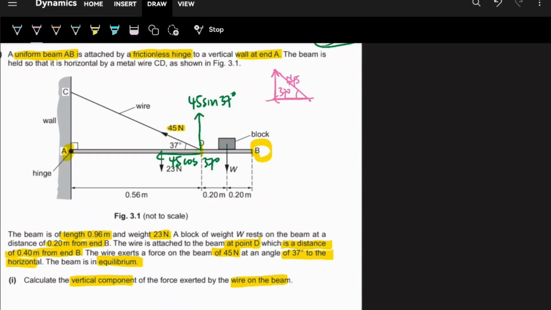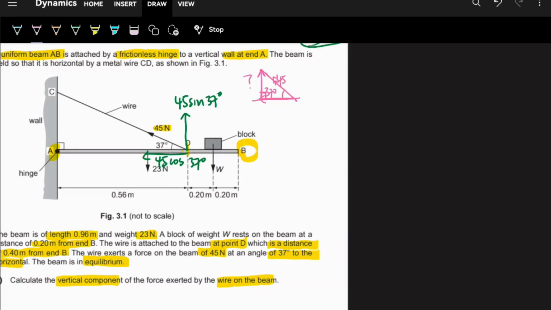So this is the hypotenuse. This is the adjacent. You want to know what is this one? That is opposite. So 45 sine 37, because you want to know the opposite side. You want to know the adjacent side? This side is 45 cos 37.